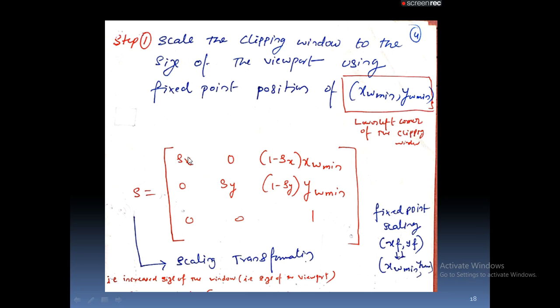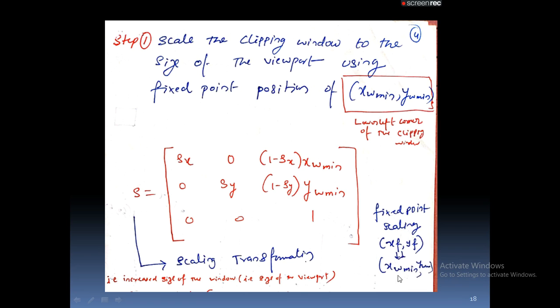In the previous video lecture we learned the scaling matrix when we want to perform fixed point scaling. In fixed point scaling we had taken the fixed point as xf and yf, and performed scaling. But here we need to perform scaling by considering the fixed point as xw min and yw min.